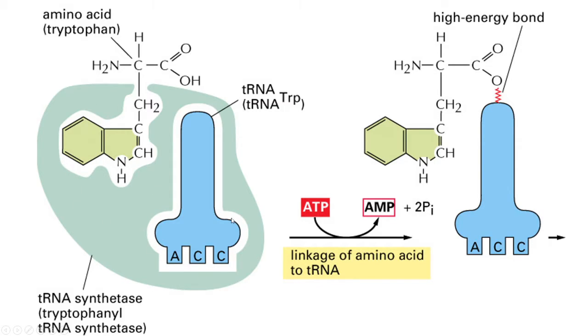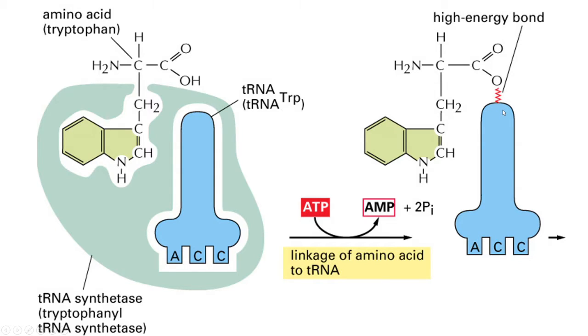So in the enzyme, tRNA synthetase is attached tryptophan, and the tRNA reaction occurs where ATP is broken down to AMP and the amino acid is linked to tRNA here by a high energy bond.